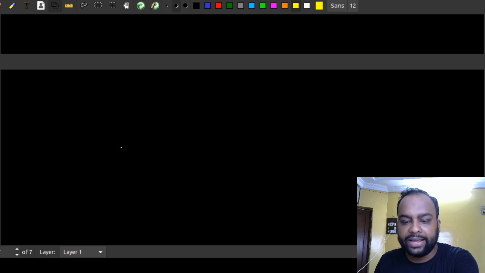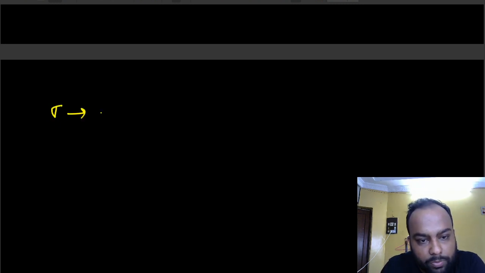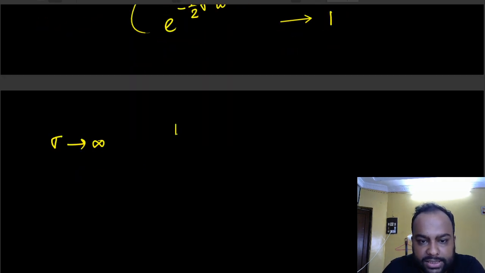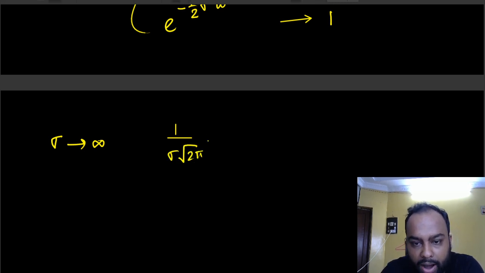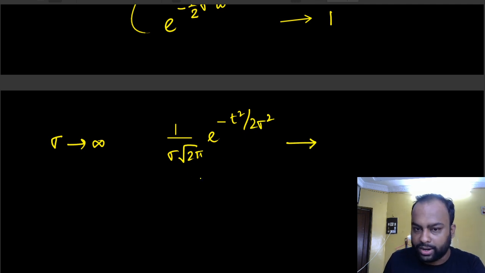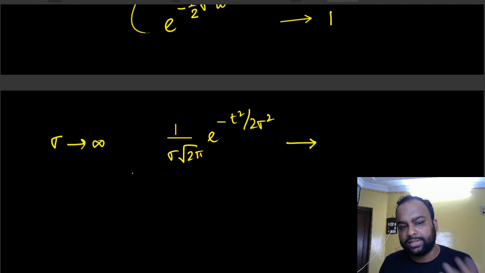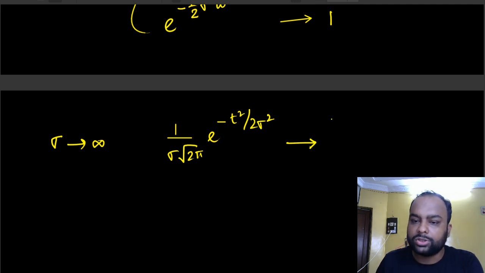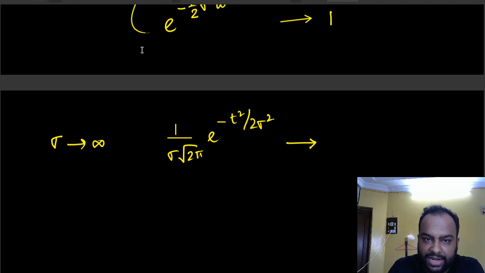As another limiting case, when sigma goes to positive infinity, this signal, 1 by sigma root 2 pi e to the power minus t squared by 2 sigma squared, when you calculate it, we get a constant value.